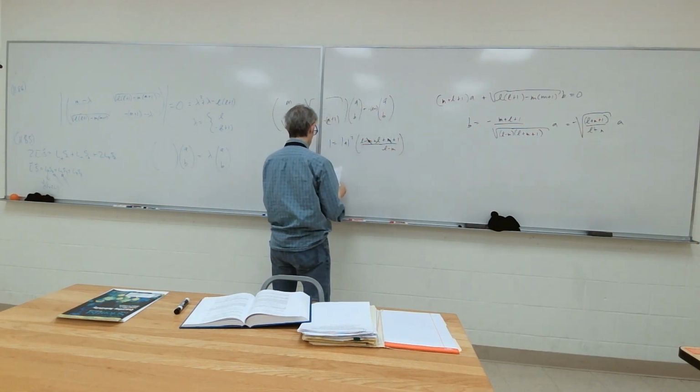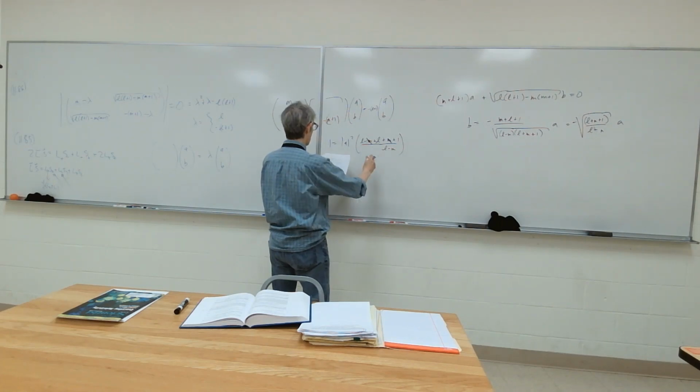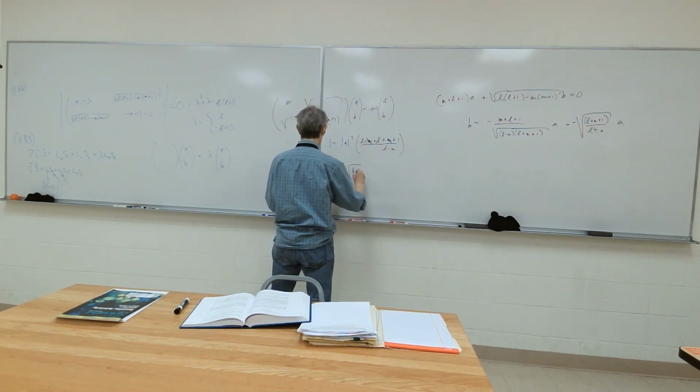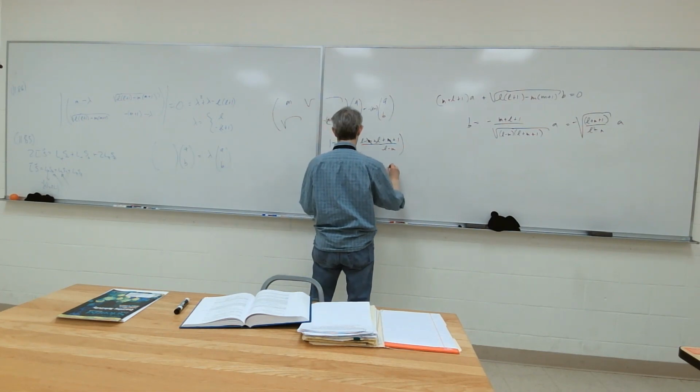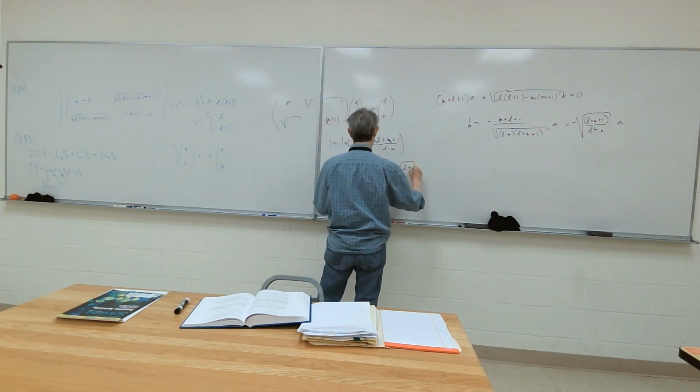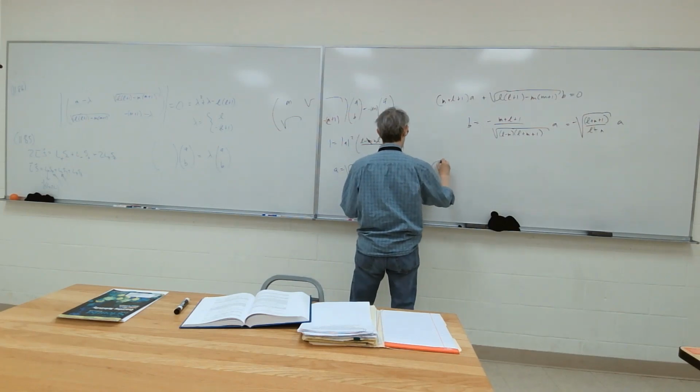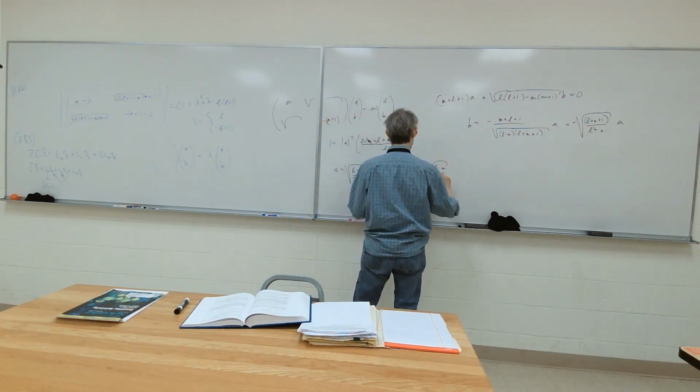Oh wait. Yeah, that's right. So that gives me A equals the square root of L minus M over 2L plus 1, and B equals minus the square root of L plus M plus 1 over L minus M times the square root of L minus M over 2L plus 1.